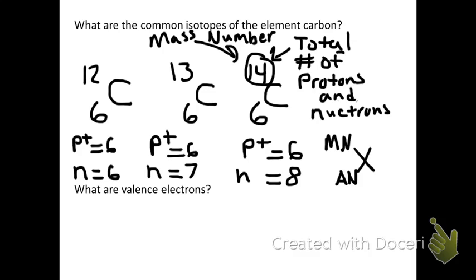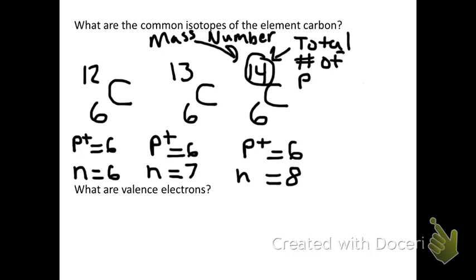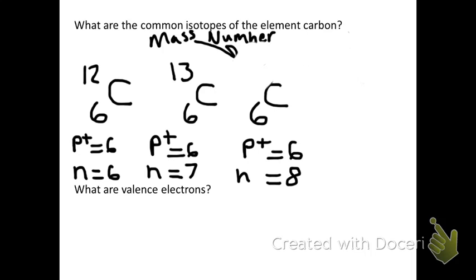Always. And so those are different ways in which we can symbolize isotopes. Okay, now I'm going to erase this, and in your notes, try to find some more room for this.